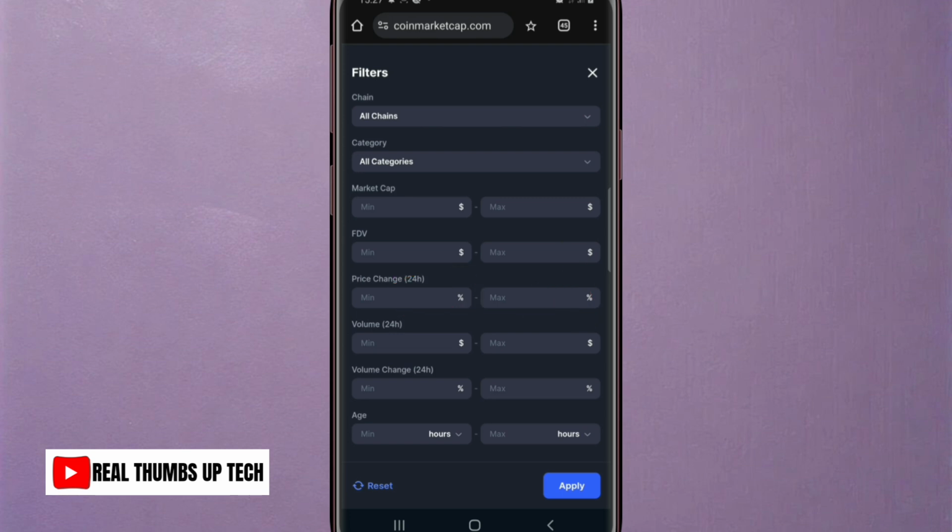All right. Under volume here, this is talking about the amount of coins that have been traded already. Since the market cap is 10,000, how many of them have been traded in the past 24 hours?